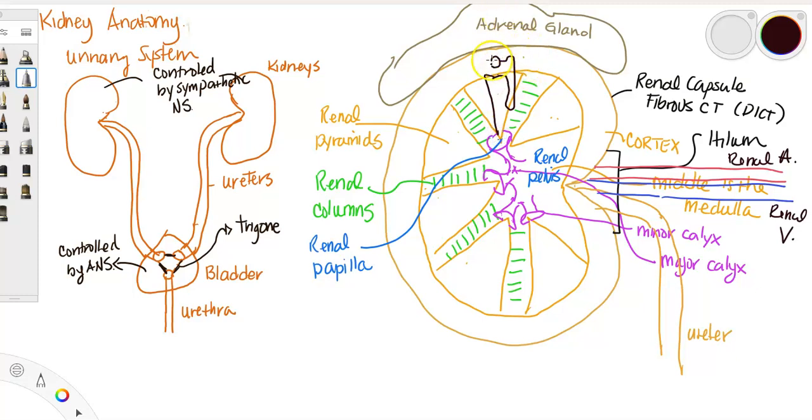And this thing is called a nephron. And the nephron is the part of the kidney that does the filtering. Okay, so let's look at the anatomy of a nephron.